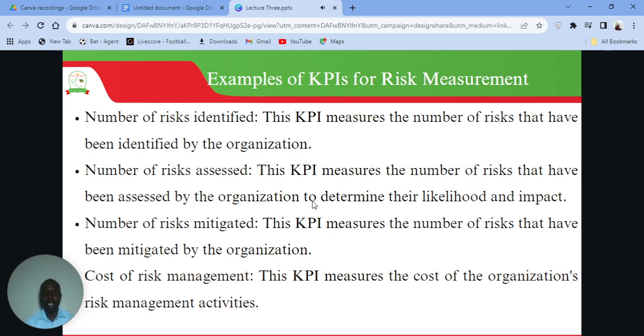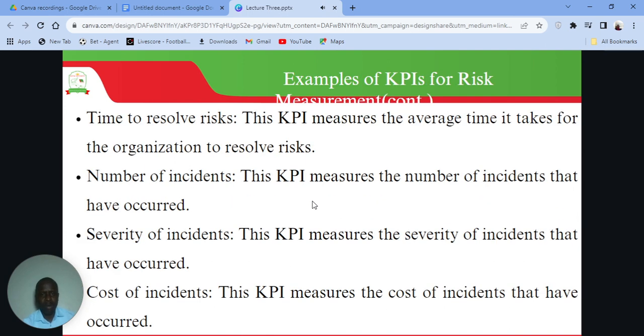Number of risks mitigated. So we measure the number of risks that have been dealt with, and also the cost of risk management. The KPIs are going to measure how much the organization is spending to be able to deal with a certain risk within the organization.